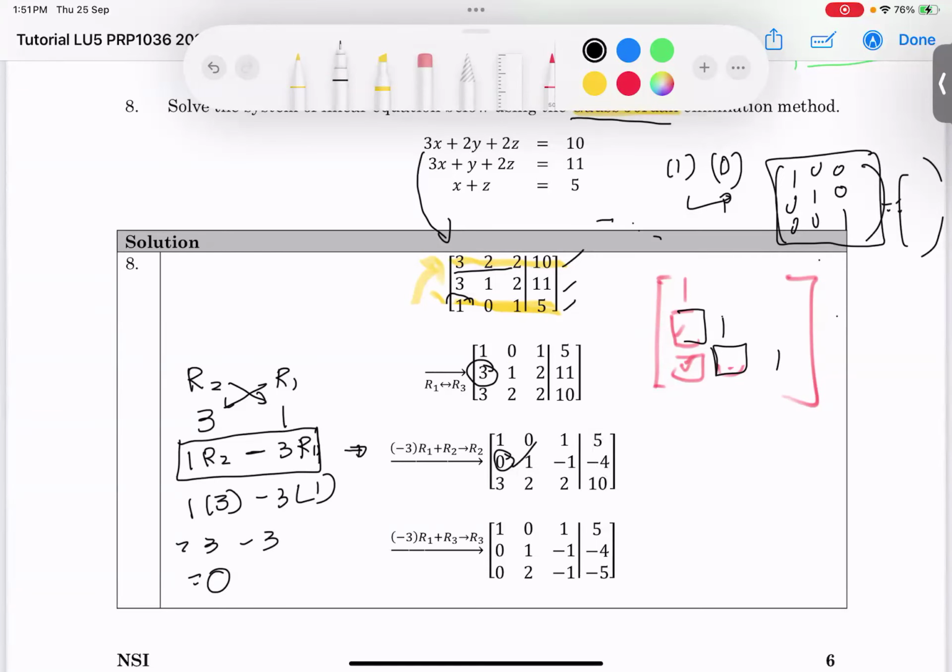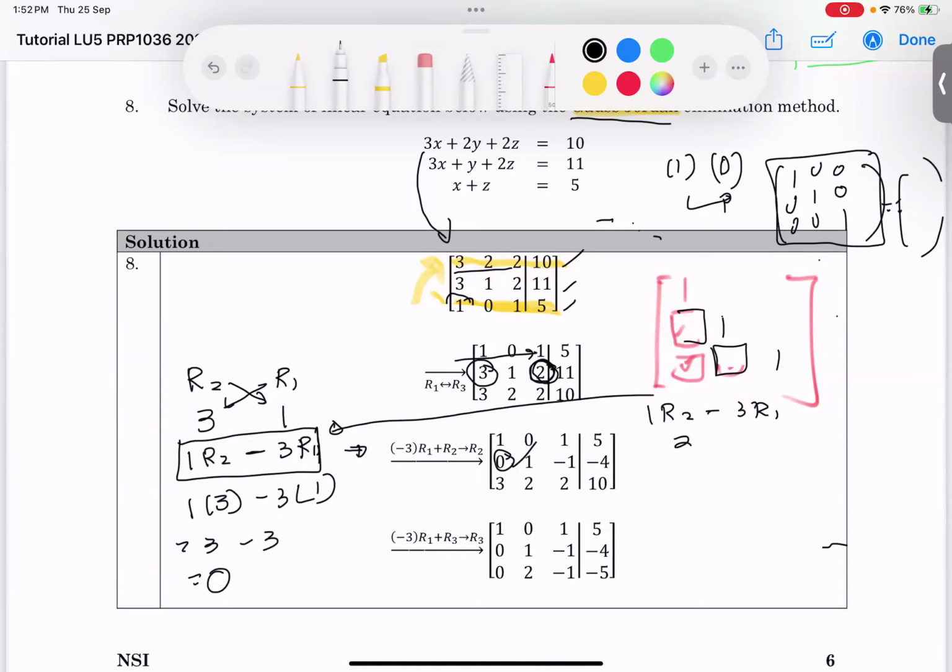Next one. This whole entire row also uses the same idea as this one: R2 is 2 minus 3 R1. This one I get from here. And again, I try to make this one become 0.